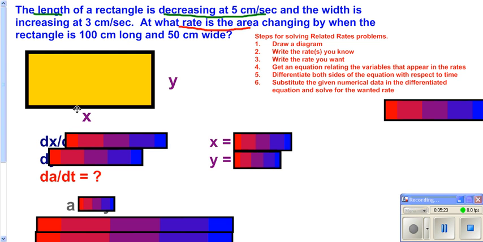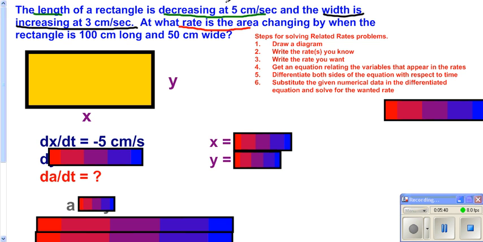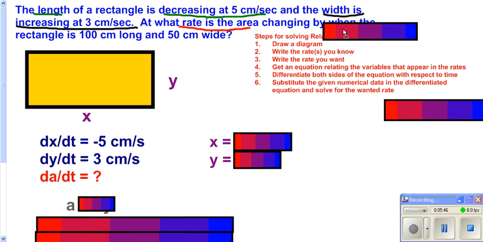Here our length is x, so our length is decreasing, and at that rate it would be dx/dt, negative 5 centimeters per second. We also have up here our width is increasing at 3 centimeters per second, so that's our y, and so that's dy/dt.